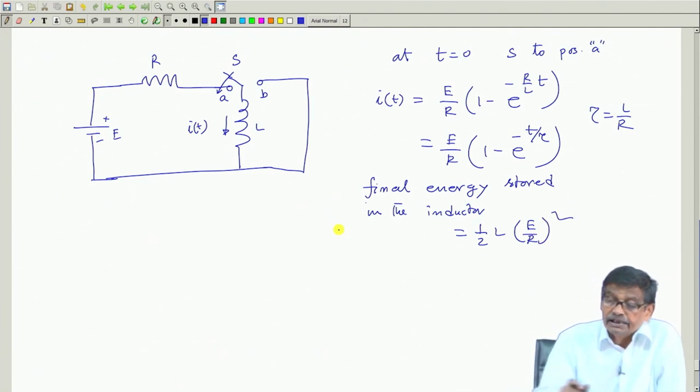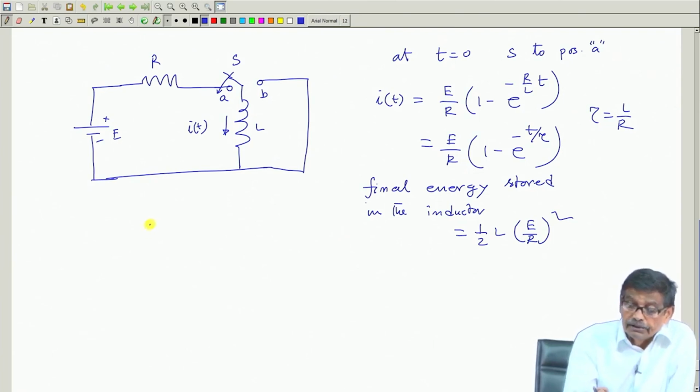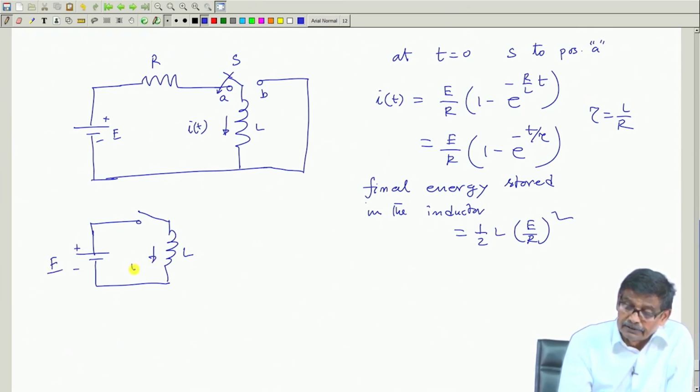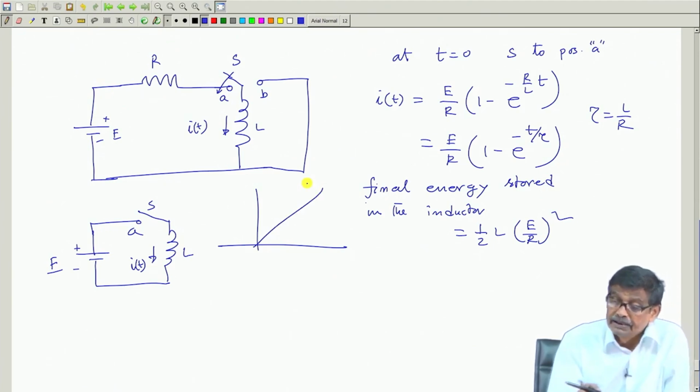Now, one good thing of this circuit compared to charging an inductor like that, I want to make several points. When I was charging an inductor just connecting with a battery, the response of the current when S is connected to A was just growing like this. But here this current will reach a finite value.